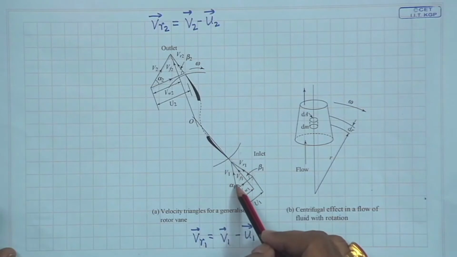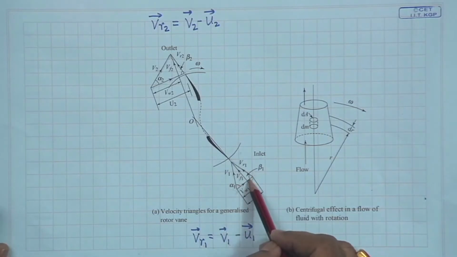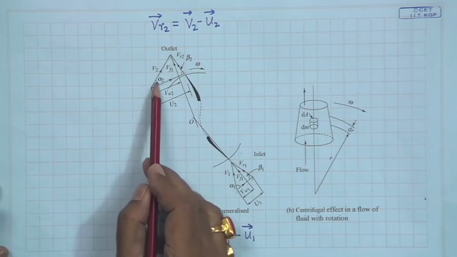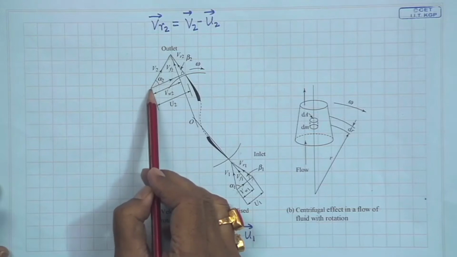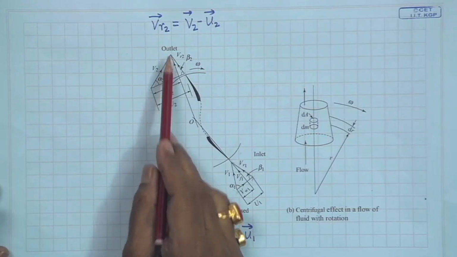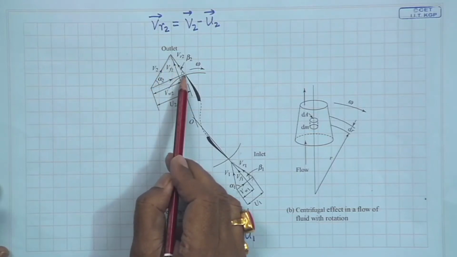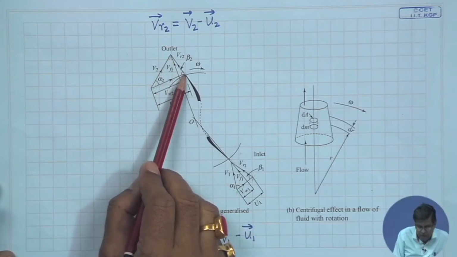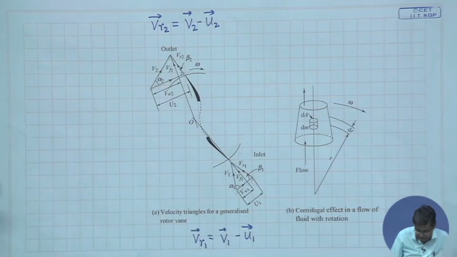And beta 1 is the angle made by the relative velocity with the tangential direction at inlet. Similarly, alpha 2 is the angle made by the absolute velocity at the outlet with the tangential direction, and beta 2 is the angle made by the relative velocity at the outlet with the tangential direction.